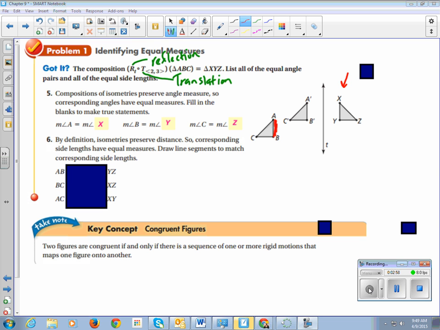So we think it goes with XY. Side BC goes with which side on our XYZ triangle? YZ. And then that leaves just our last one here. AC, our hypotenuse, is going to go with XZ.